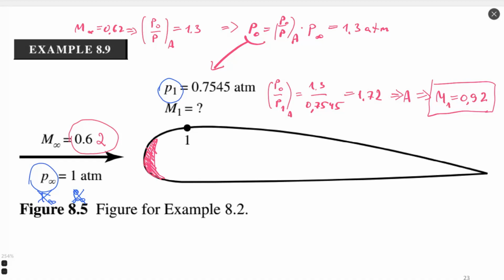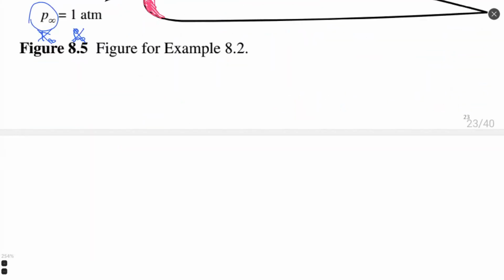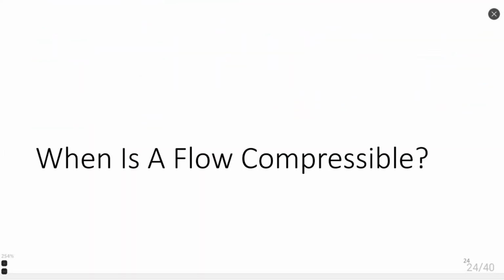So it's always good to have a complete set of data, I mean all thermodynamic properties, at some reference point to calculate any other thermodynamic property. I hope it was clear.